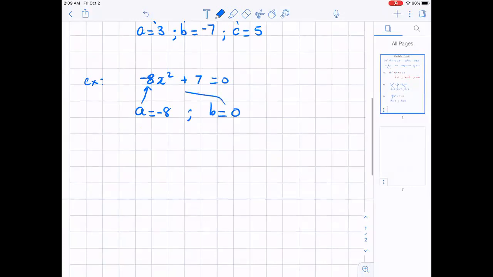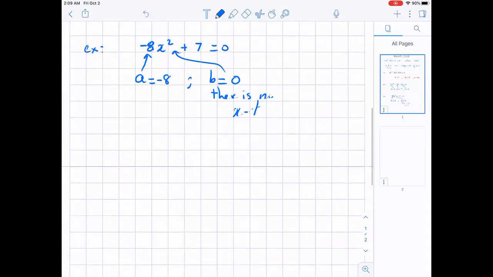That's because there is no x term. And c is equal to 7.